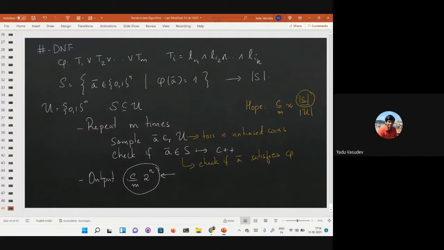So let's look at it this way. You have m samples, and this is the random variable that we are interested in. Let's call this x. What can you say about the expected value of x?